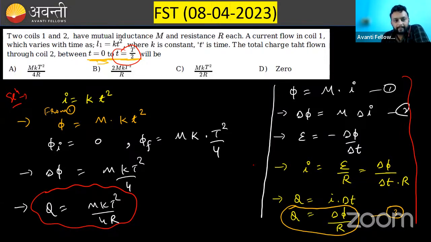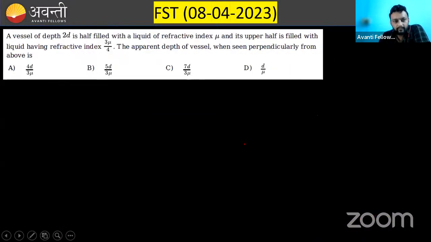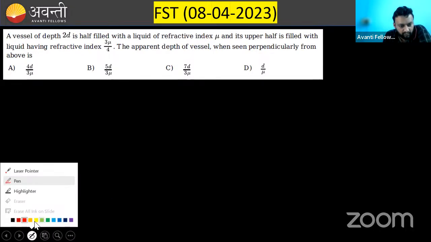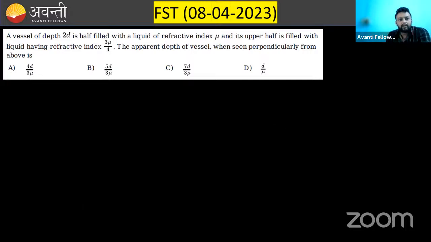Moving further to the next question. This is a question of optics that we have studied. We completed it, I think, one or two days ago. The question says, a vessel of depth 2D. First of all, there is a vessel, a container I will say.